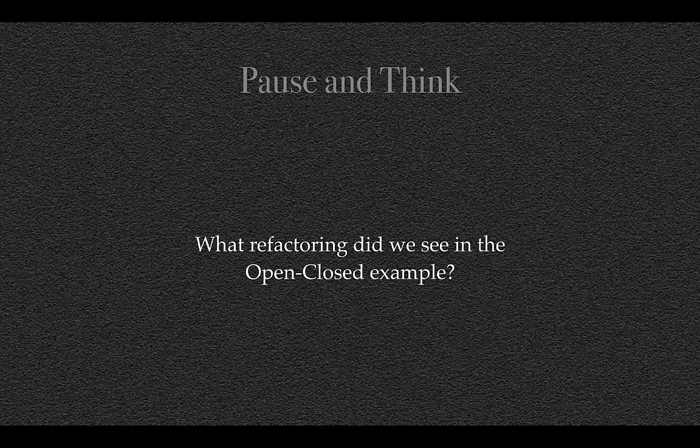From Fowler's refactoring website, he gives the following problem for this refactoring. You have a conditional that chooses different behavior depending on the type of an object. And for that problem, he gives the following solution. Move each leg of the conditional to an overriding method in a subclass and make the original method abstract.